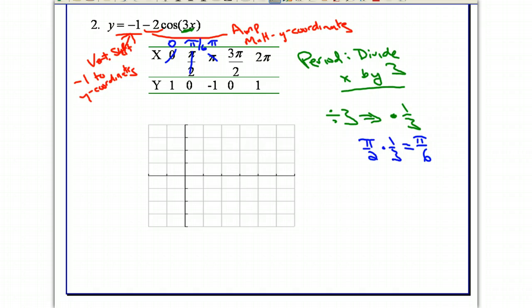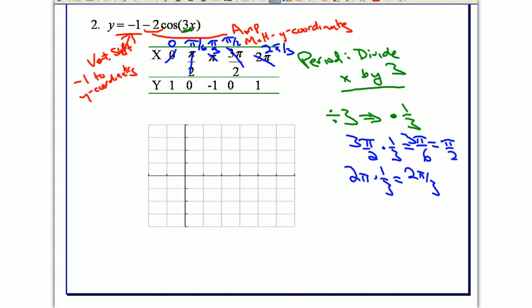Pi thirds. 3 pi halves. So put a 3 here. And I get 3 pi 6. Reduce that. That becomes pi halves. And 2 pi times 1/3. 2 pi thirds. So that takes care of my x-coordinates.